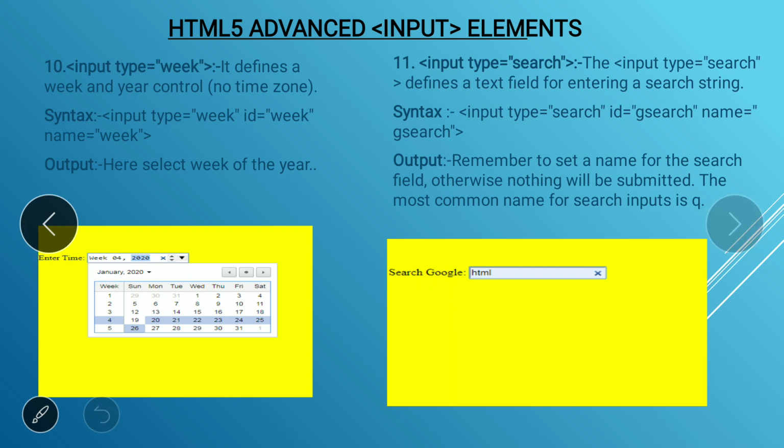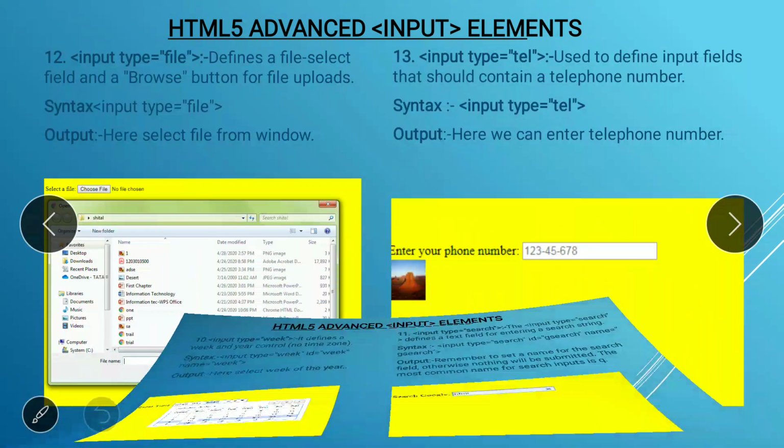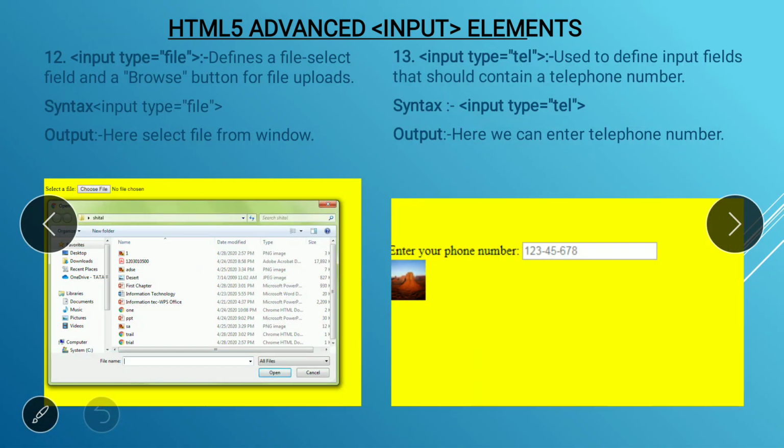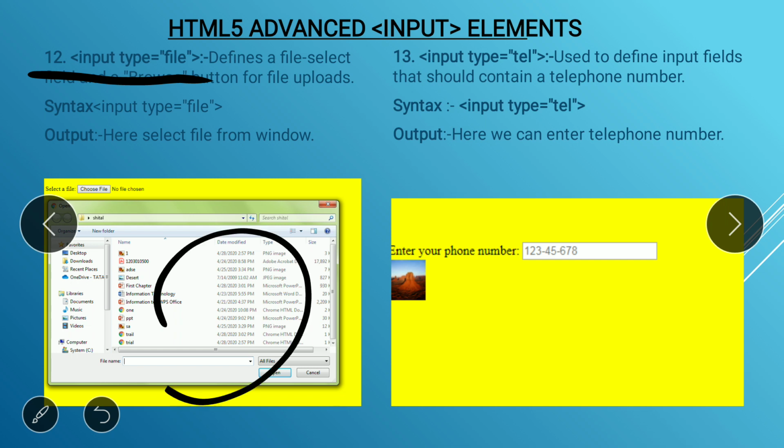So next control is nothing but the input type file. So what it defines, here you can select a file from the browser window.